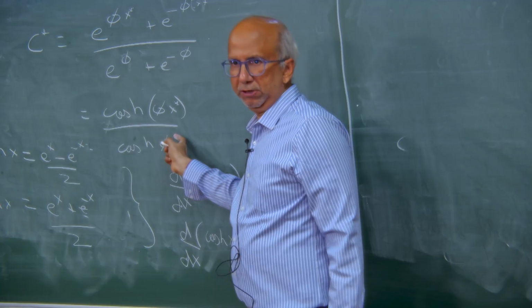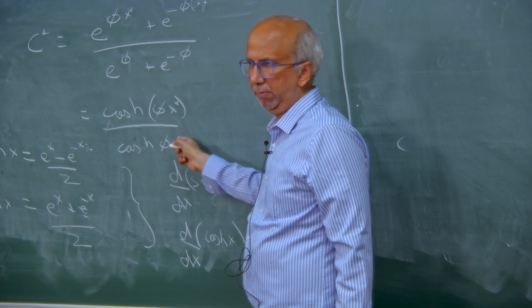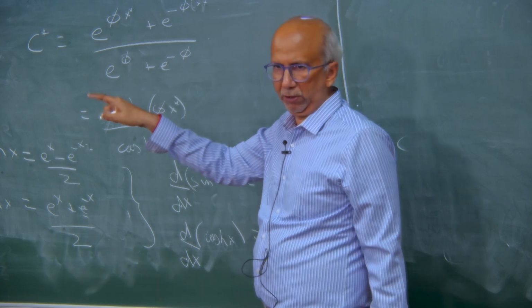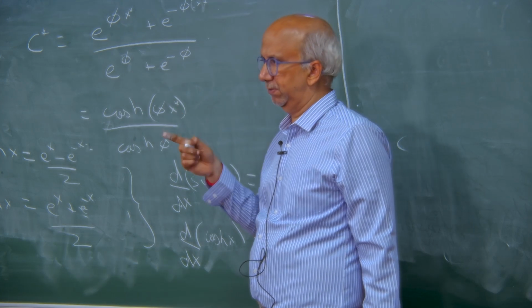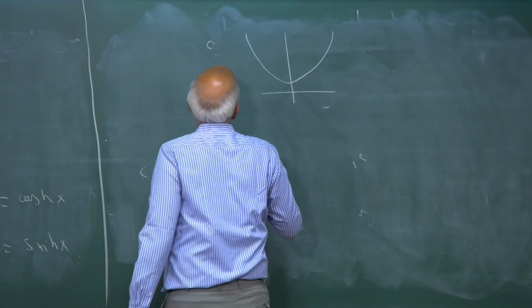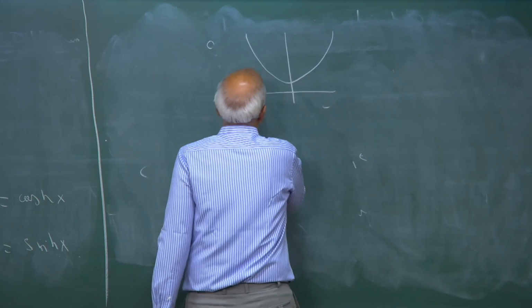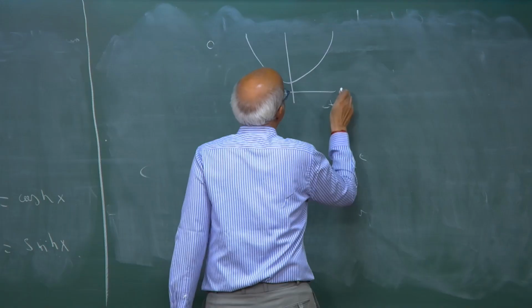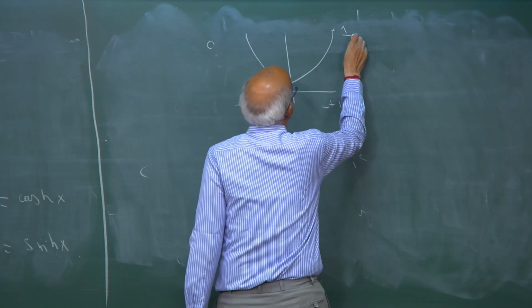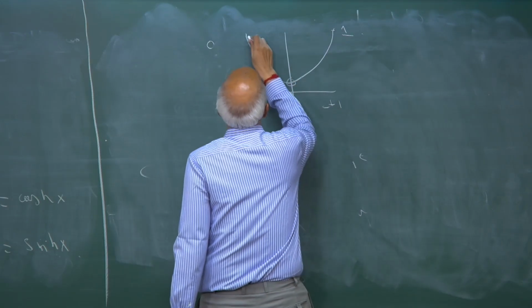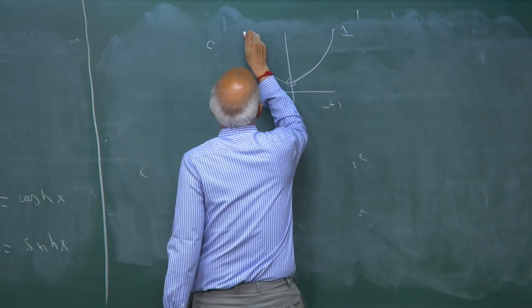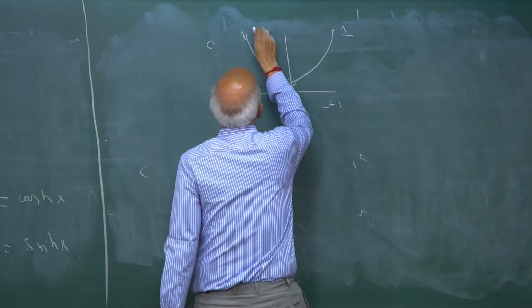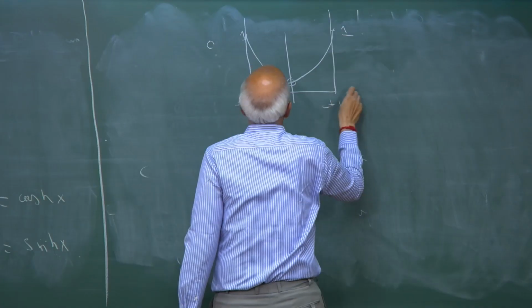If you plot cos hyperbolic phi x star by cos hyperbolic phi for a particular problem, you will get the actual concentration. This will go from 1 to some minimum value, and back to 1. So, this will be your concentration profile in the pellet.